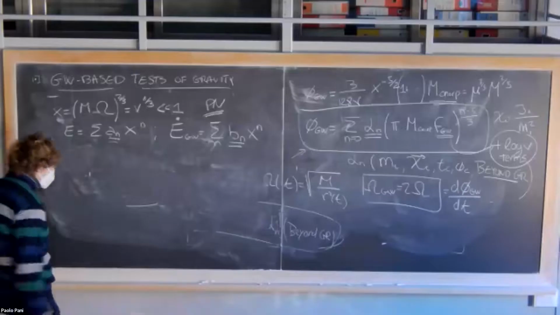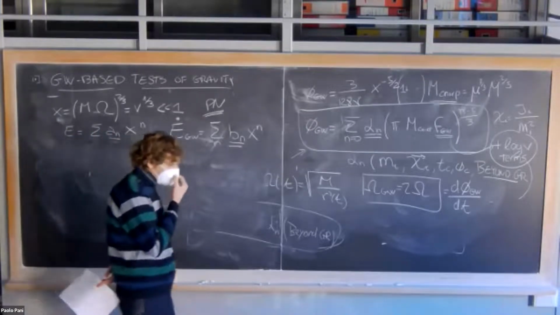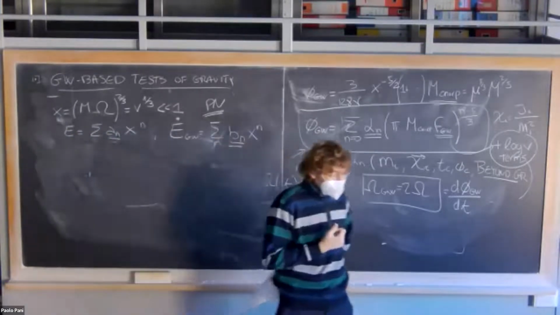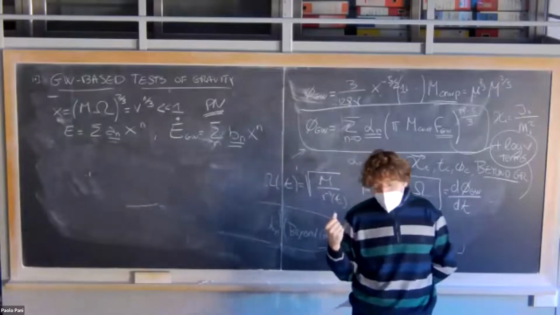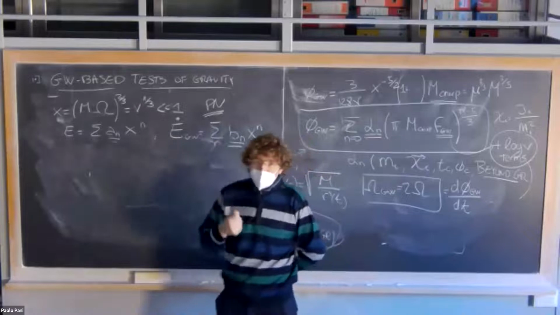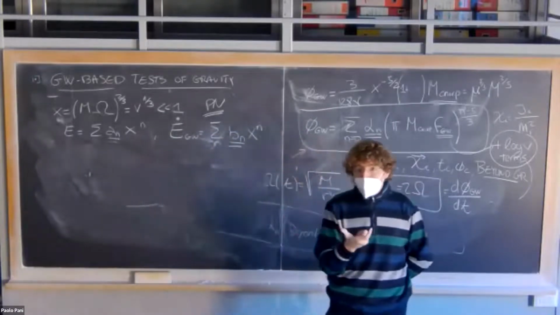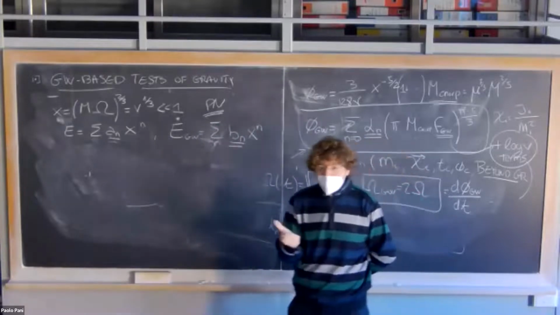Right. So let's see if we can do it quickly. The idea is that the approximation is valid whenever the time scale related to the energy flux is small compared to the typical time scale of the system, for example, the orbital time scale.